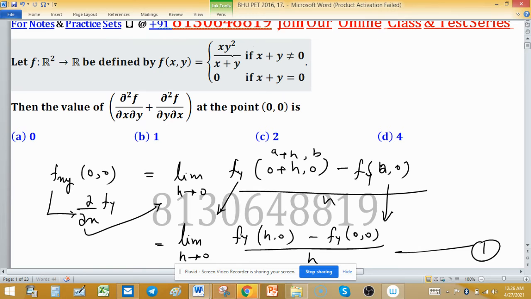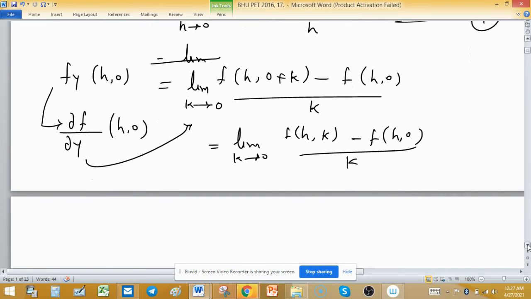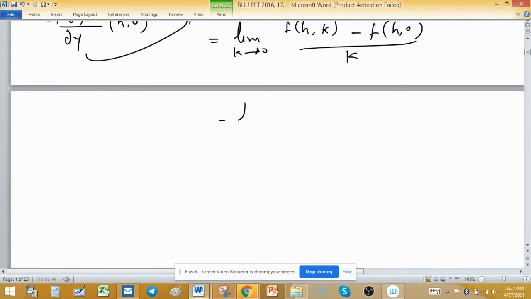So the value of this will be x y squared divided by x plus y, meaning the first defining expression gives the value. So put the limit as k tends to 0, and f(h, k) will be h k squared divided by h plus k, minus f(h, 0), which will be 0. If you put 0 in place of the second coordinate, then the entire expression will be 0 divided by k.